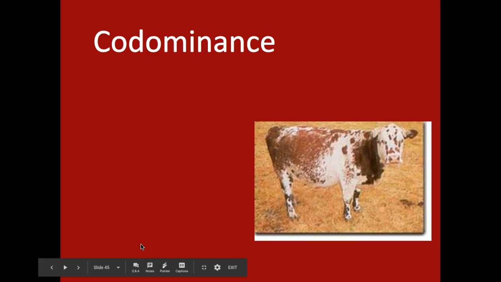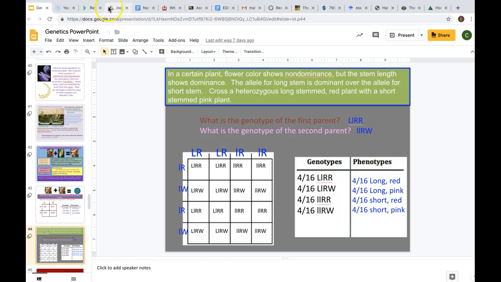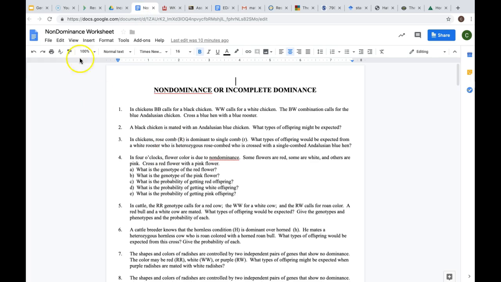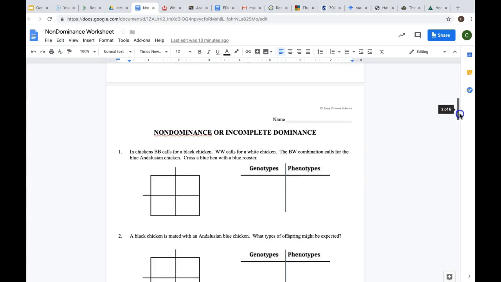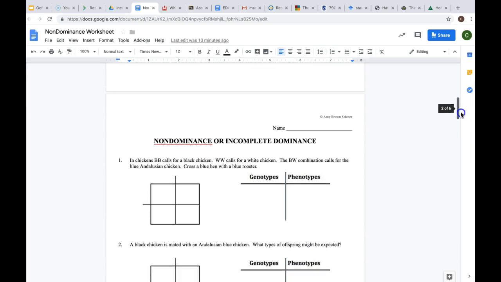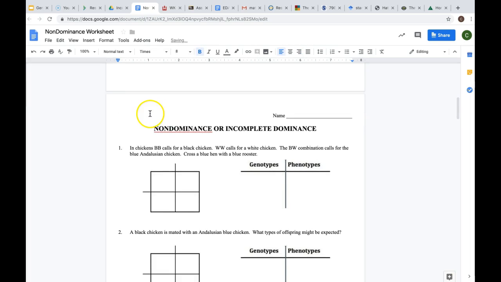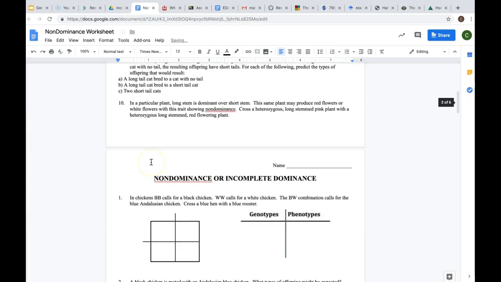All right, so we're not going to go on to codominance right now. That's a little tricky. We'll talk about that next, but I do want to talk to you about the worksheet here. Let's scroll down a little bit and go over a couple of these really quickly. I'm not going to do all of them for you. I'm probably going to do one of each. Let me fix this real quick where we can see everything here.